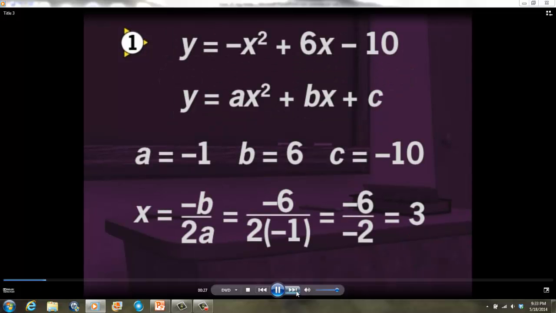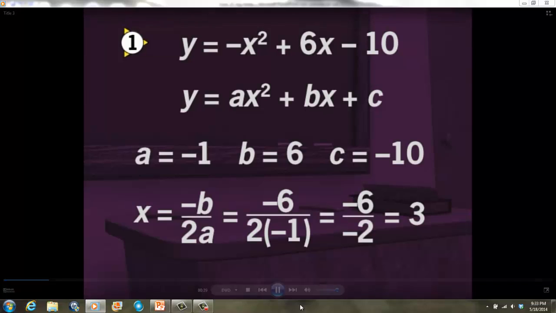The equation is already in standard form for a parabola that opens up or down. A equals -1, B equals 6, and C equals -10. The equation of the axis of symmetry is x equals the opposite of b divided by the quantity 2a. X equals -6 divided by the quantity 2 times -1, or -6 divided by -2.